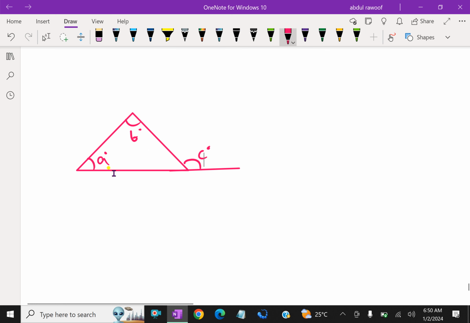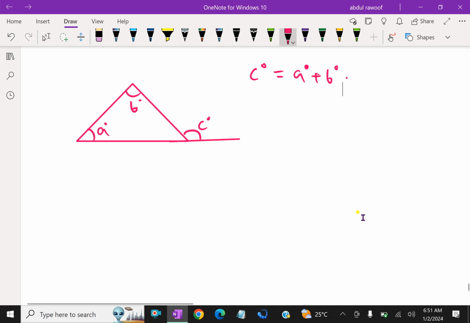That means here angle C, the exterior angle, is the sum of the two opposite interior angles. Angle A plus angle B equals angle C for any triangle. C is called the exterior angle of a triangle.